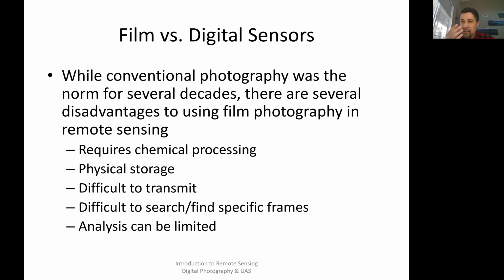I think of it like, if you're an aficionado of vinyl and you really like the way records sound because there's a different pureness to it, it's the same type of thing. When you talk to a photogrammetrist who's done stereo compilation for years and years, they'll probably swear by film because it's got this different look and feel to it. At the end of the day, it's the same science, okay?